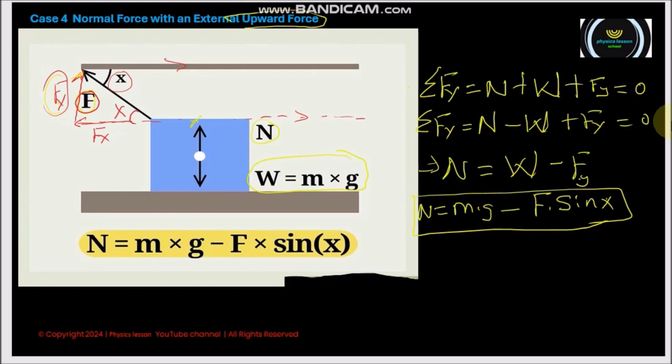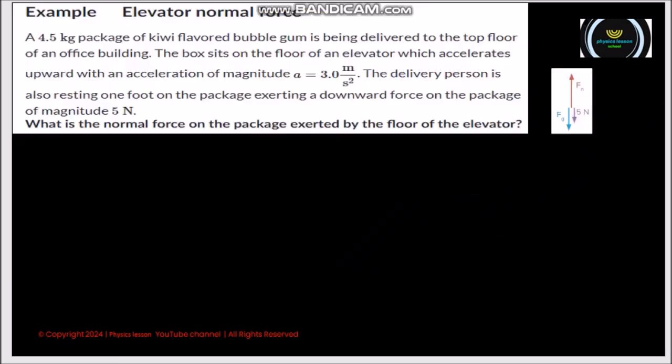Okay, good. Let's see one example. An elevator and normal force. A 4-kilogram package of kiwi flavored bubble gum is being delivered to the top floor of an office building. Given the mass is equal to 4.5 kilograms.